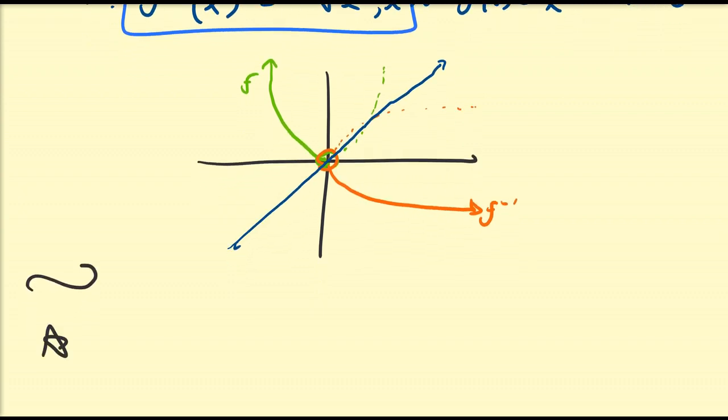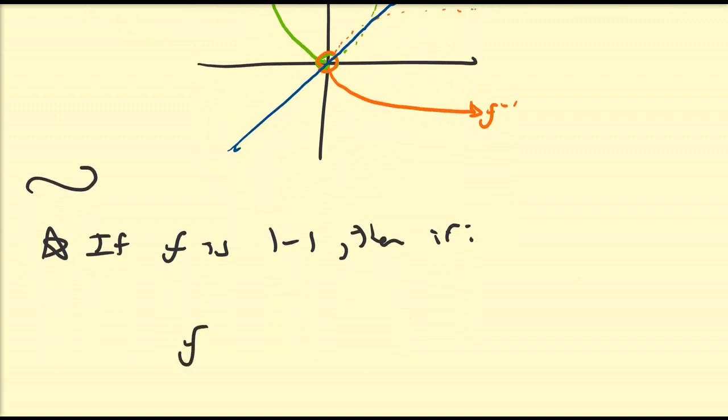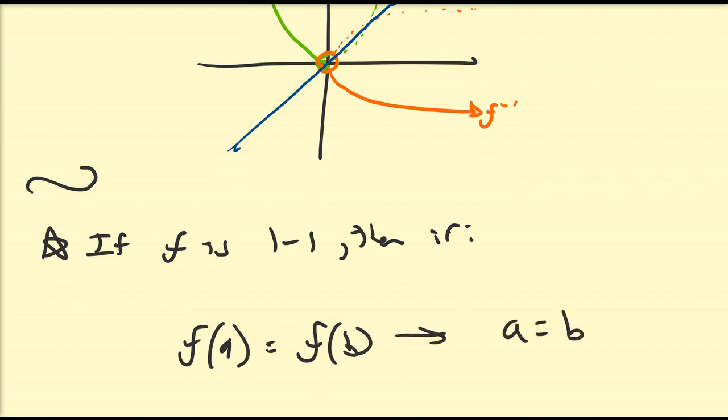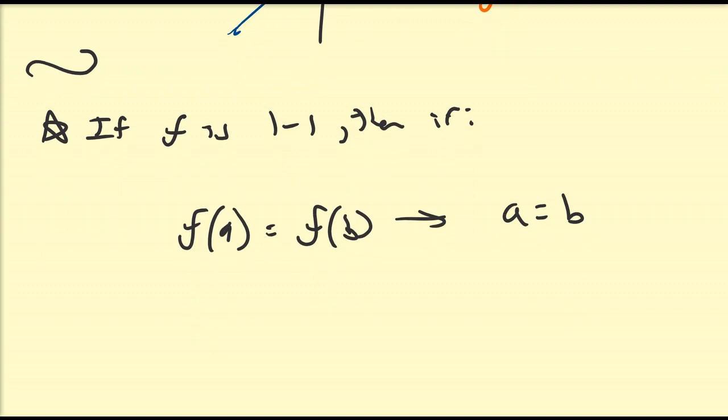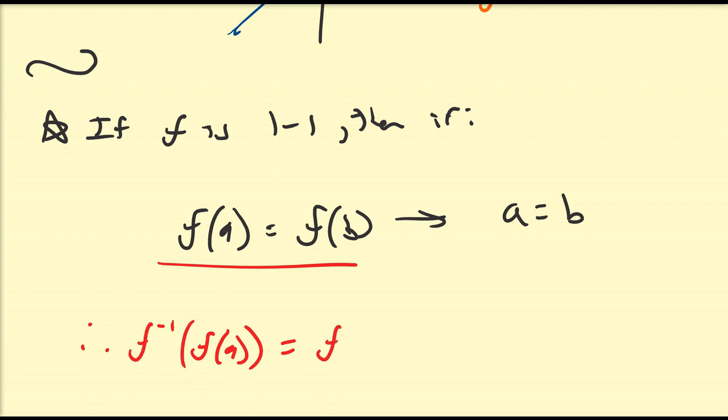All right, so another property that one can generate: if f is 1 to 1, then if f of a is equal to f of b, we have the condition that a must be equal to b. Now, why must that be true? We're assuming as a premise that f of a is equal to f of b. So we know that f inverse of f of a must be equal to f inverse of f of b, right?